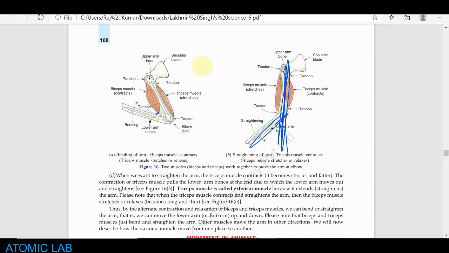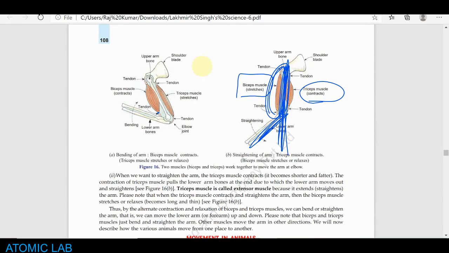In our upper arm, over the bones, on the upper side there is a muscle known as the biceps muscle, and on the lower side there is also a muscle known as the triceps muscle.